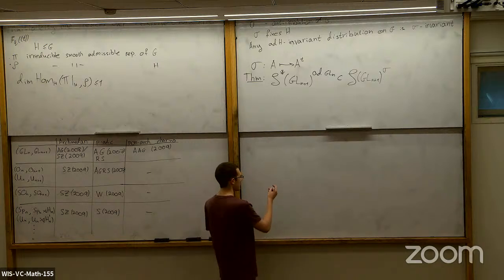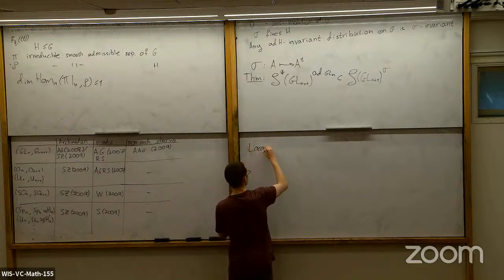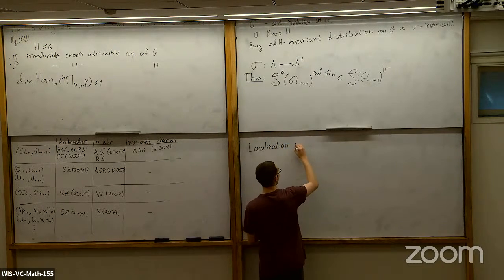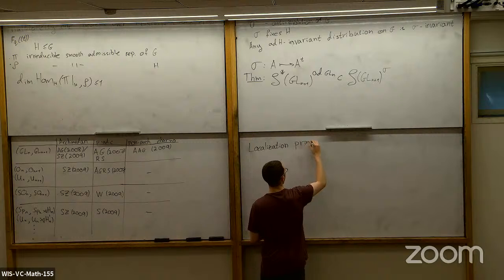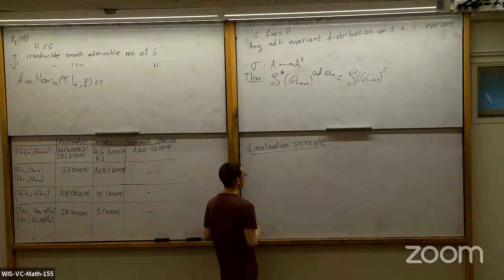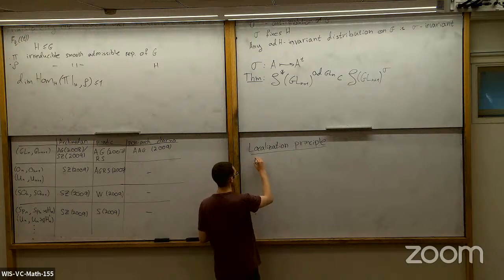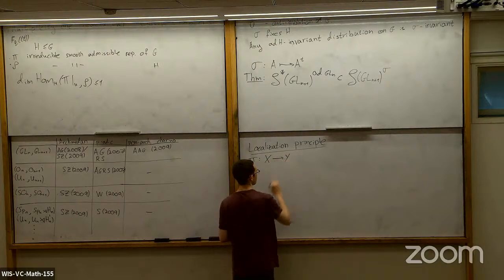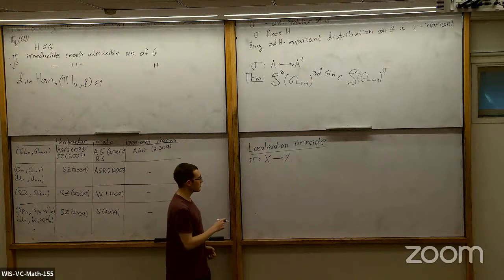The first is the localization principle. It says the following. Assume that we have a map pi from X to Y. These are two L spaces.